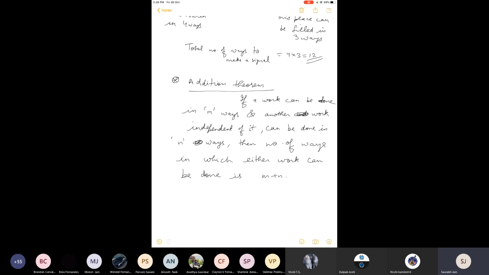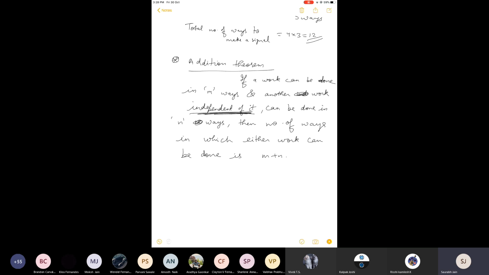So basically it is about independent work, nothing to do with the first work.